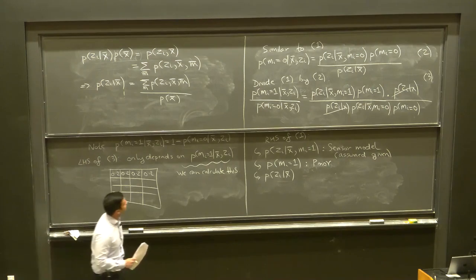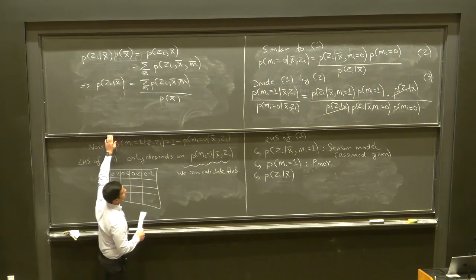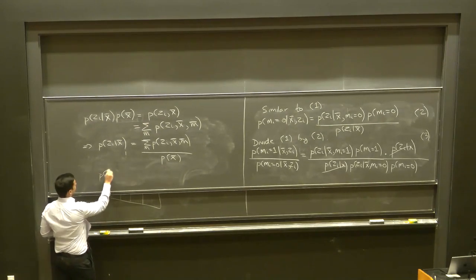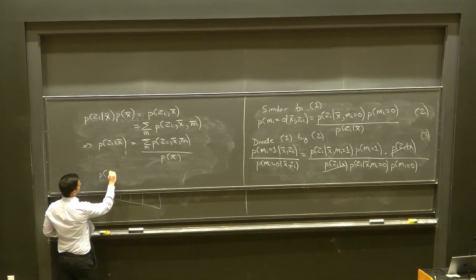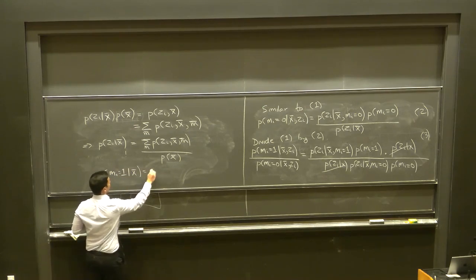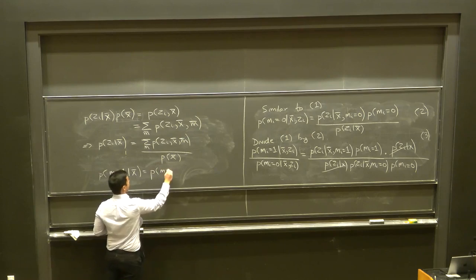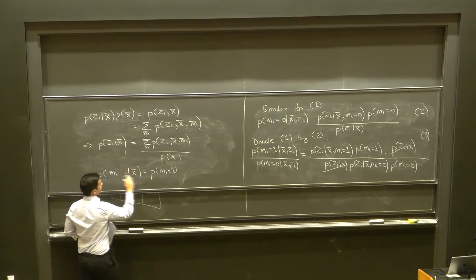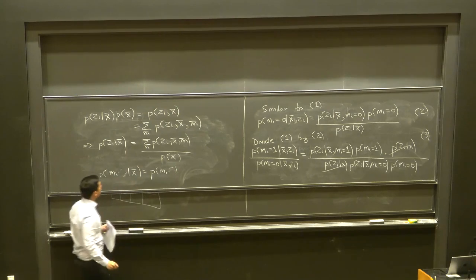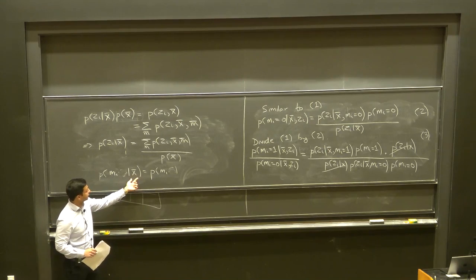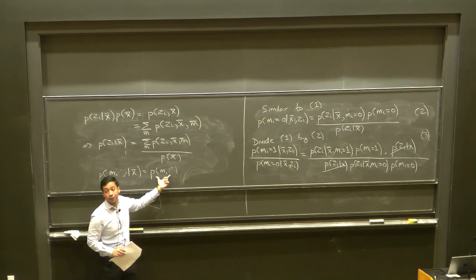Yeah, so the specific assumption, I erased it, but I think the assumption we had made was that P of mi equal to 1 given X is equal to P of mi equal to 1. Intuitively, this is saying that the robot's location is not telling us anything about whether the cell is occupied or not.